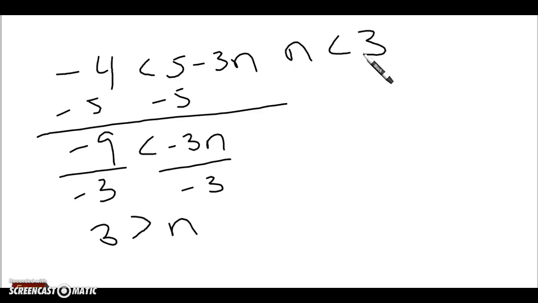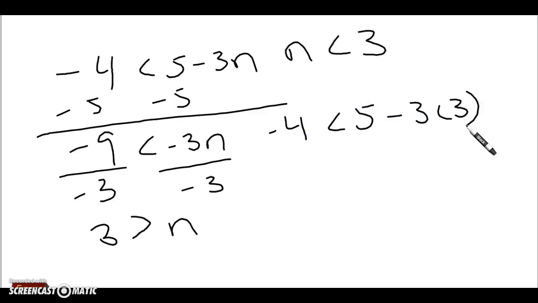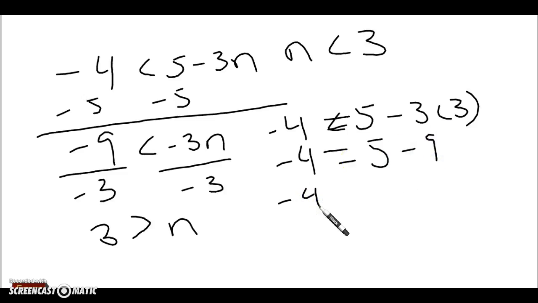Okay, so now let's plug in my endpoint first. So we have negative 4 is less than 5 minus 3 times 3. Oops, I'm sorry, this is supposed to be an equal sign. Forgive me. So negative 4 equals 5 minus 9. So negative 4 equals negative 4.